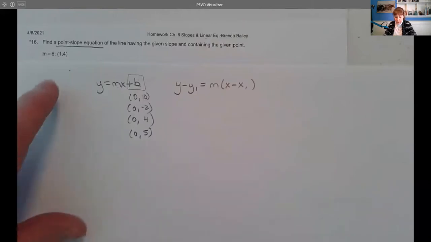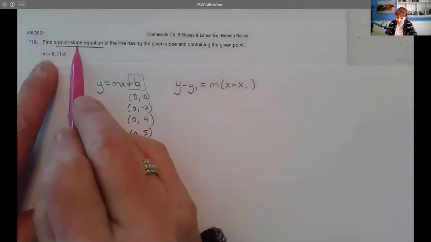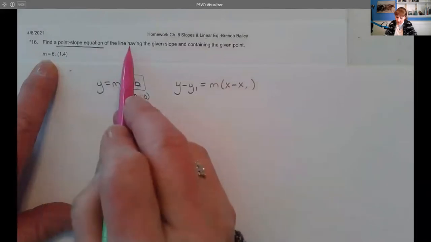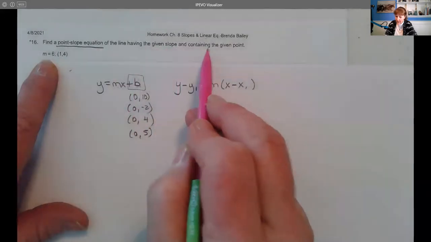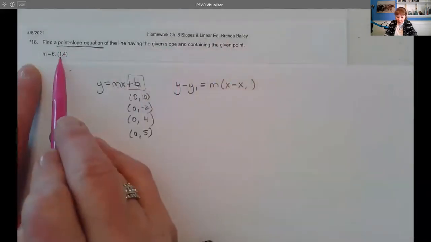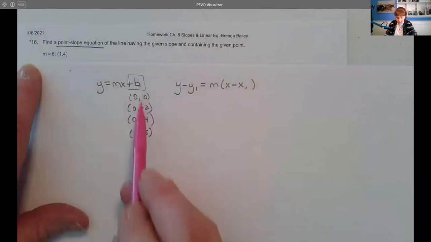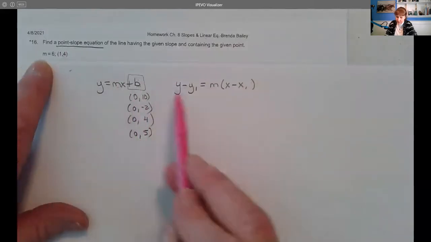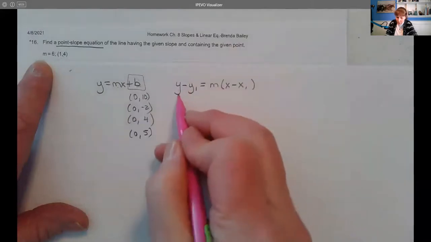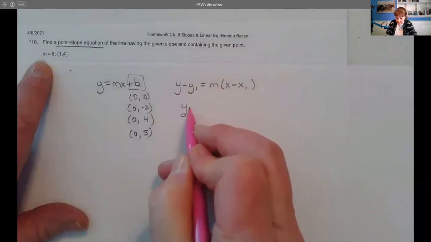So here, they tell us find the point slope equation of the line having the given slope and containing the given point. So we have (1, 4). It's not one of these. We're given (1, 4), so we're going to fill this in. We start with the y, that stays.